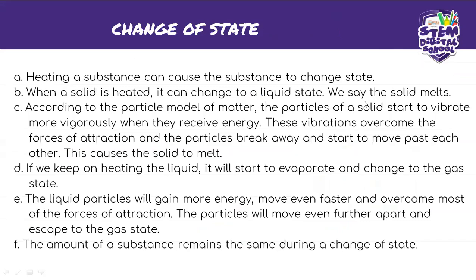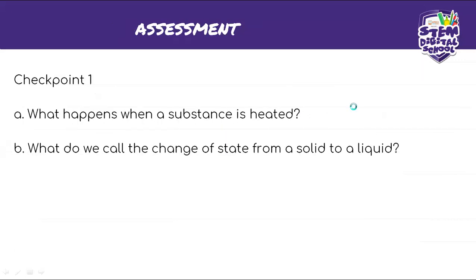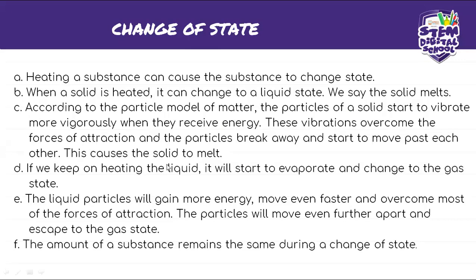Look at the slide here. From point B, it says when a solid is heated, it can change to a liquid state. We say the solid melts. Now, according to the particle model of matter, the particles of solids start to what? Vibrate. The particles of the solid start to vibrate vigorously when they receive energy.